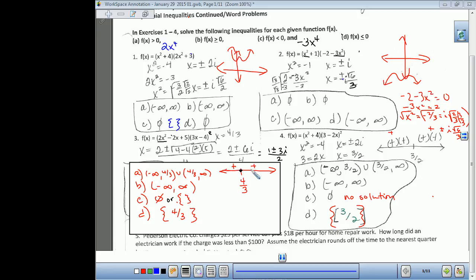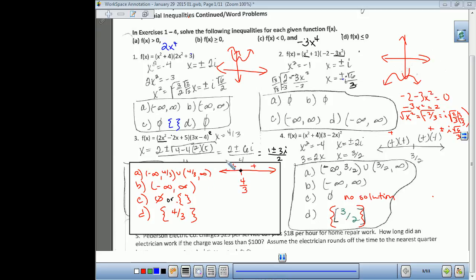And if we test algebraically, or if we think about the graph, it's going to be positive on both sides of this. So where is the function greater than 0? Everywhere but right here, because right here it actually equals 0. So it's from negative infinity to 4/3, non-inclusive, union 4/3 to infinity.